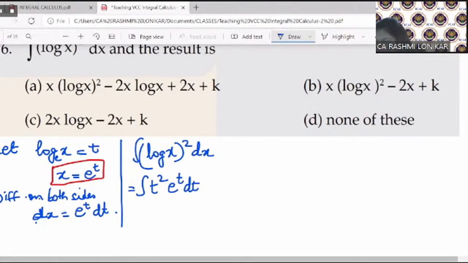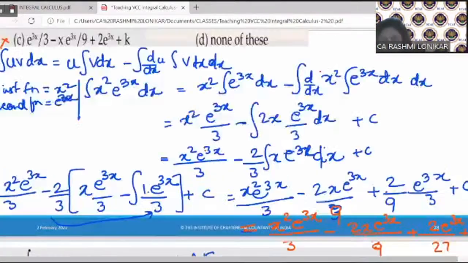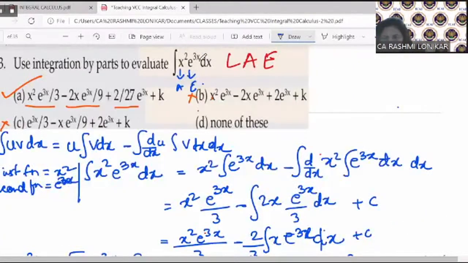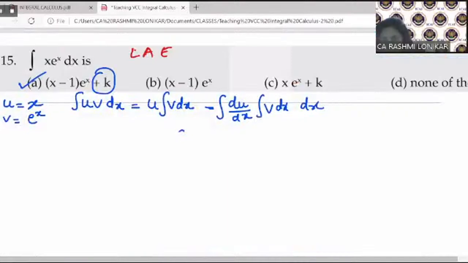Isn't this the same as the 13th question that we did? Isn't it similar? x square e raised to 3x dx. Now I have t square e raised to t. The sum that I solved earlier, the 13th sum, is the same thing we are doing here, so you can use the same method.